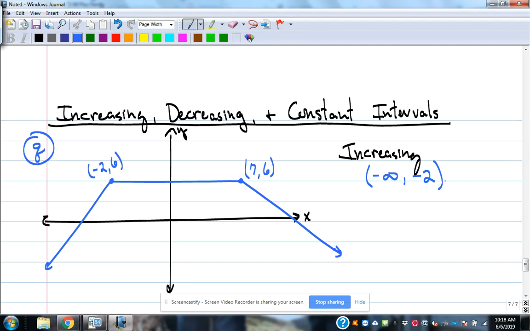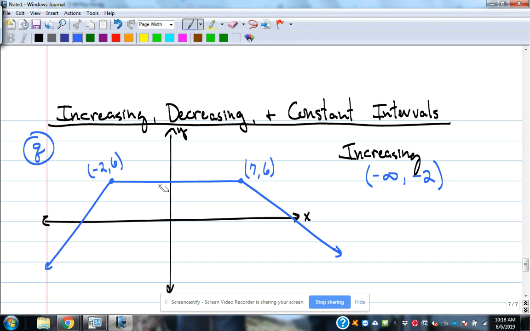I'm going to put a parenthesis on that because the -2, 6, that ordered pair there, that's the place where it stops increasing, but it doesn't necessarily include the -2, 6 as part of the increasing one, and we're not really going to include it as part of this next part either. Okay. As we read it left to right, at -2, all the way across here, what's the line doing?